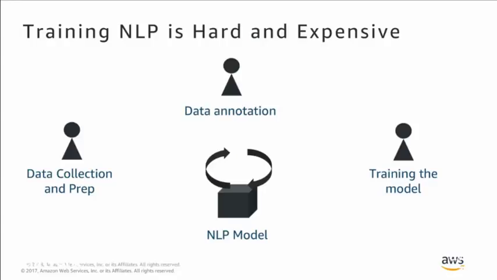If you're looking at a classification problem like sentiment analysis, you need data that says, hey, this sentence is positive and this sentence is negative. I need to have millions of those annotated data sets. That's what we need to build a supervised model. And then you need to have an NLP model that is sufficiently complex to understand the complexity of your problem.